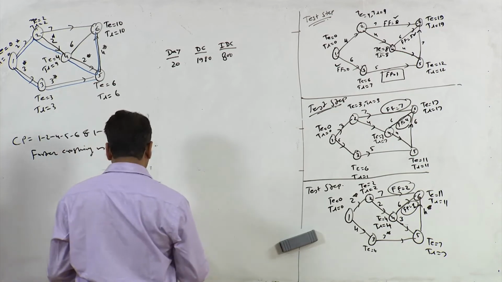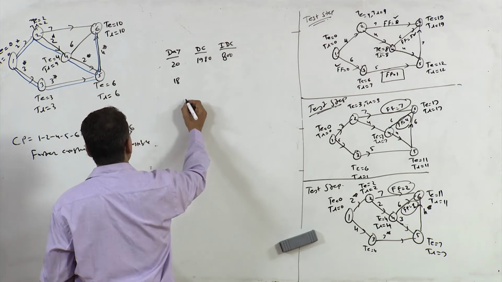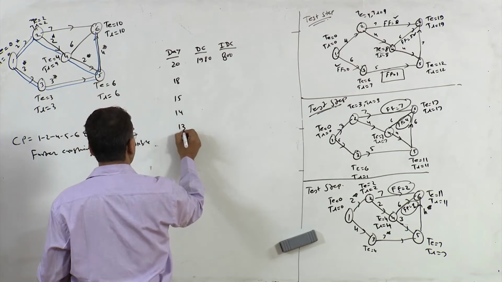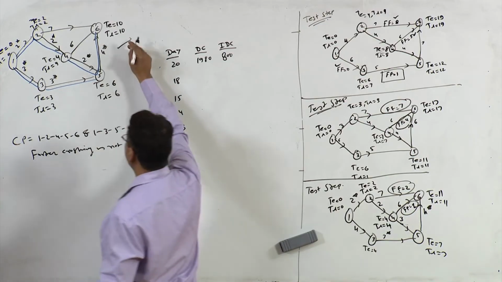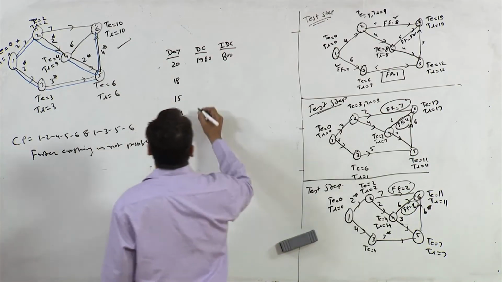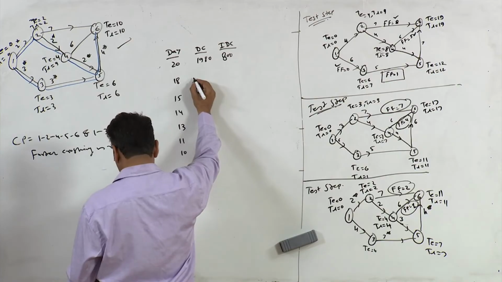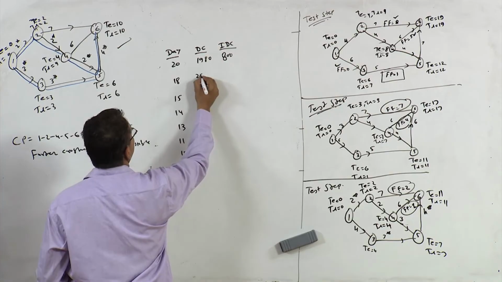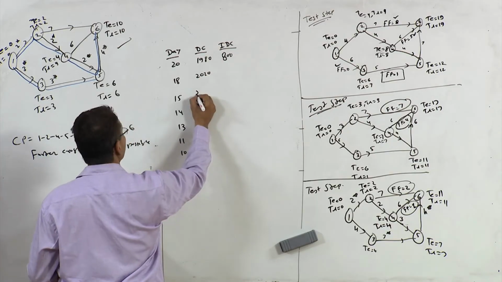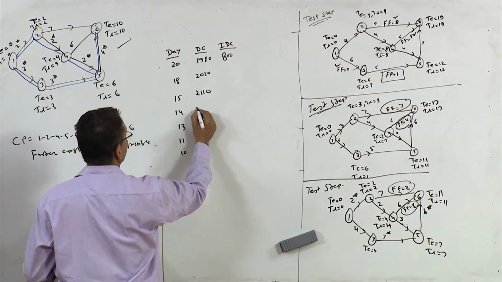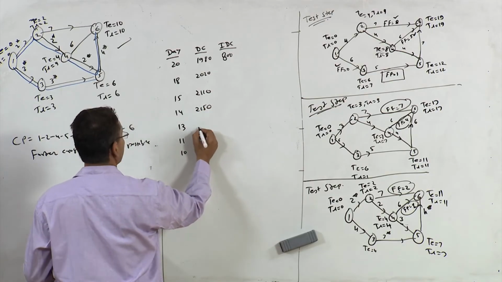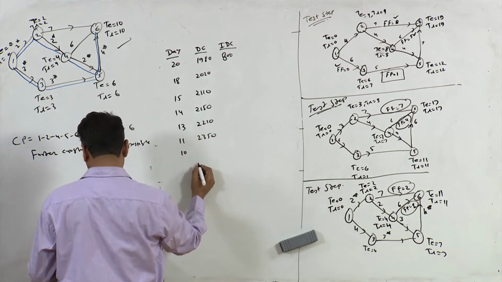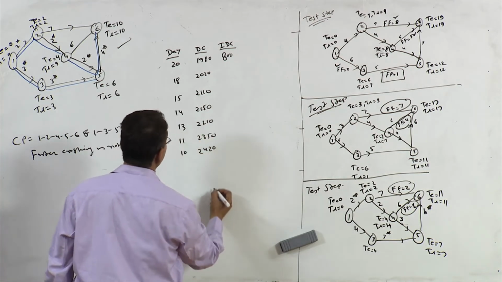After that your solution was 18 days, then it was 15 days, 14 days, 13 days, 11 days, and this is 10 days, right? Last solution. So direct cost, of course, as I said, will increase. So 2020, you have got 2110, 2150, 2210, 2350 and 2420, right.